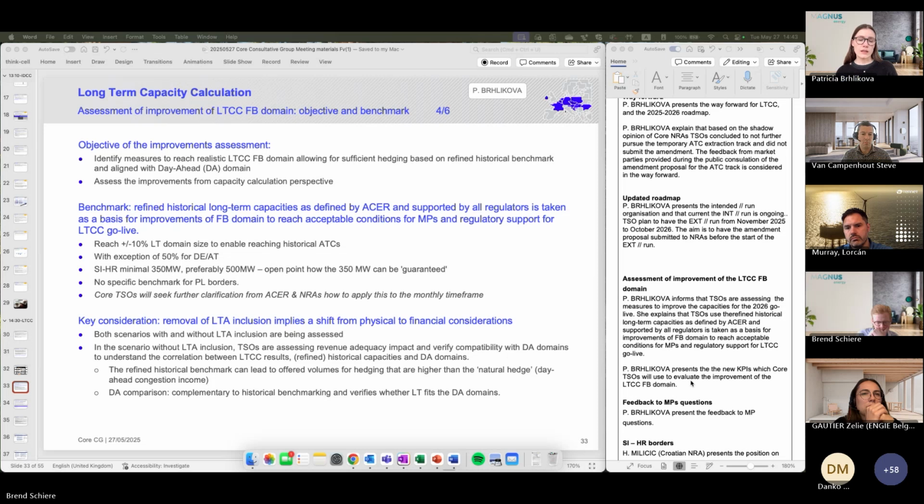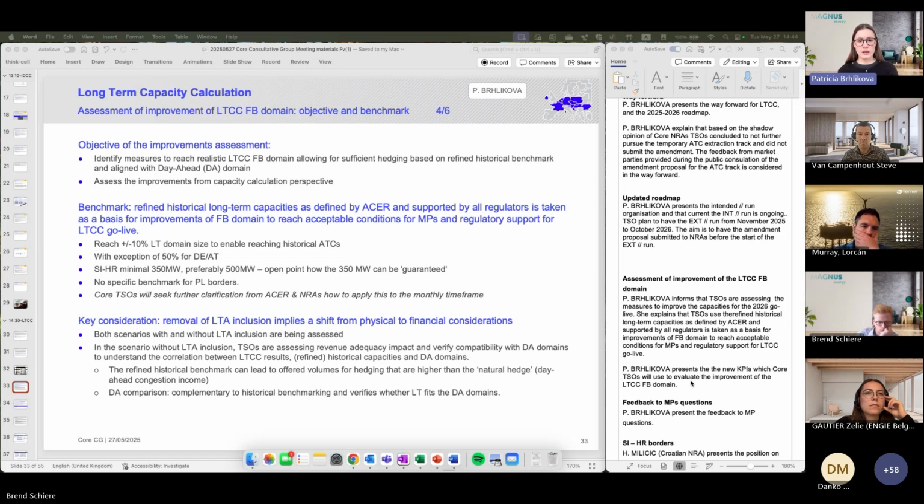And in a way, we are now trying to assess the bandwidth of capacities of the long-term domain between the day-ahead domains and also the historical benchmarks, to understand what the range should be or would be to arrive at acceptable capacities.